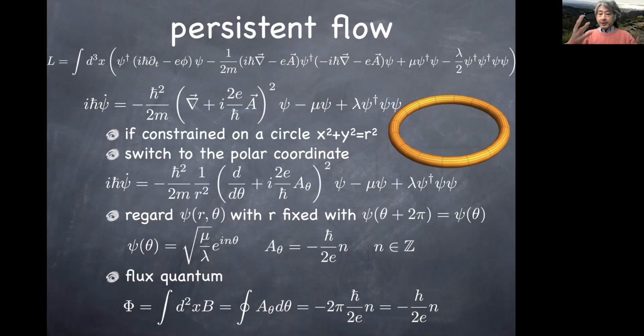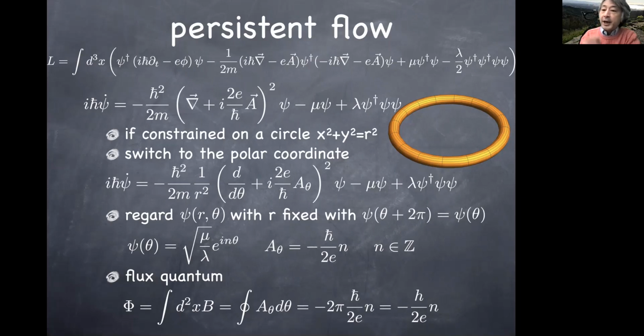So this is almost the exact analog of the persistent flow we talked about in the case of the neutral atoms, Bose-Einstein condensate. Now we are talking about the condensate of Cooper pairs. And because the Cooper pairs carry electric charge, this supercurrent in this tube is accompanied by a magnetic flux, as you would expect. And this is not the external magnetic field.